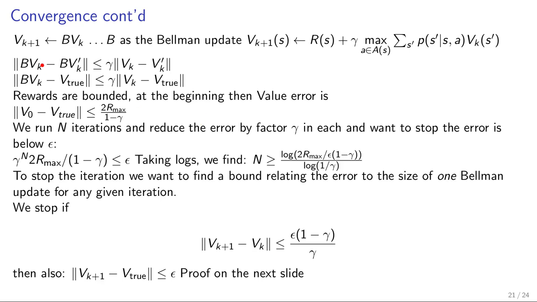So this is what I was talking about. This is the Bellman update, and this is this kind of contraction that, thanks to this gamma factor, will become smaller over time. And this is how you can work it out technically.